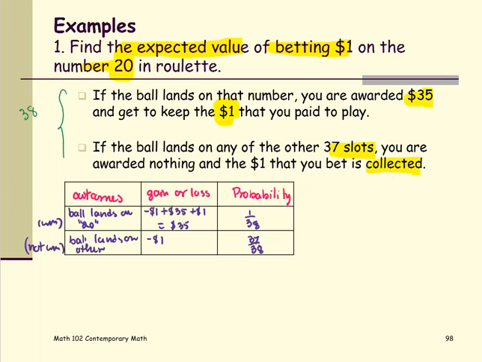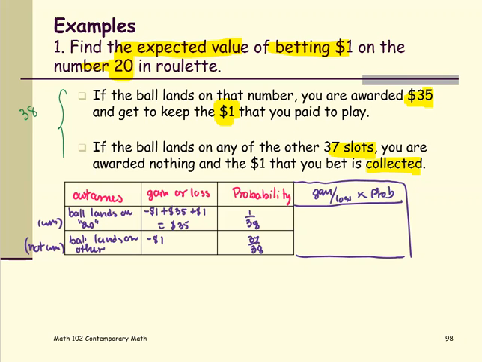So to find the expected value of a game, we multiply the gain or loss of each possible outcome by its probability. So I'm going to create another column, the column of the product: the gain or loss value multiplied by its probability.